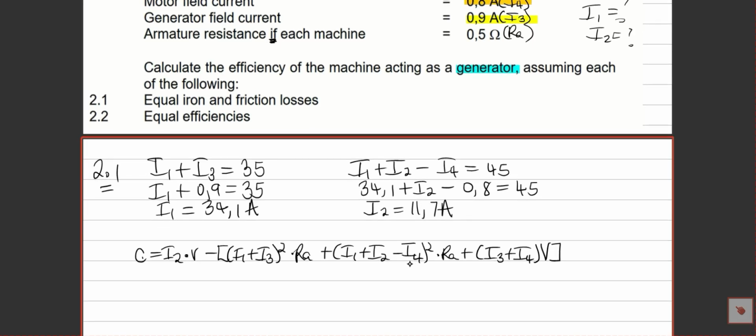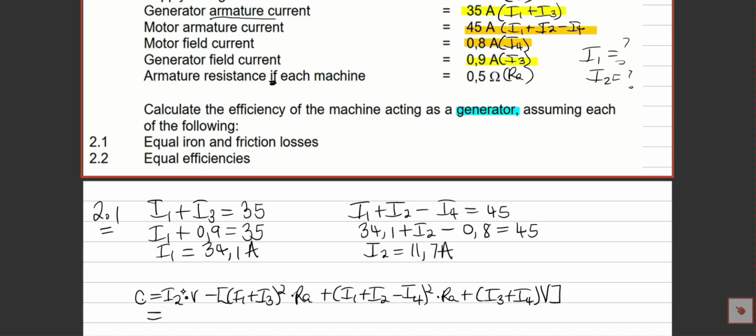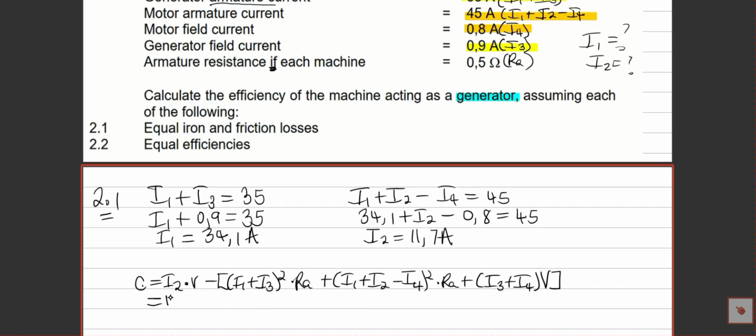From here, let's now find our C. So for our C, we have 11,7 times our voltage. They gave us a voltage of 415. 415 minus open bracket, our I1 we have. Now, there's some steps which we can jump like this one.